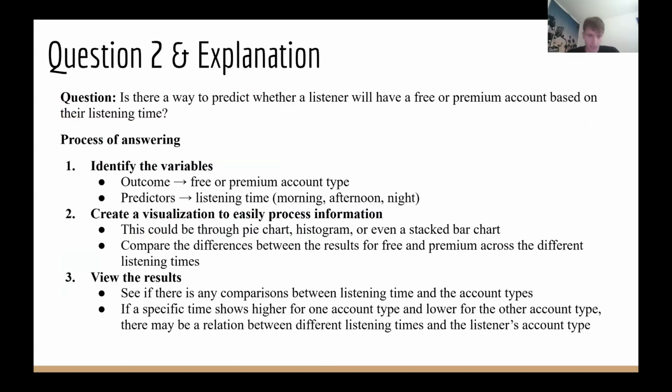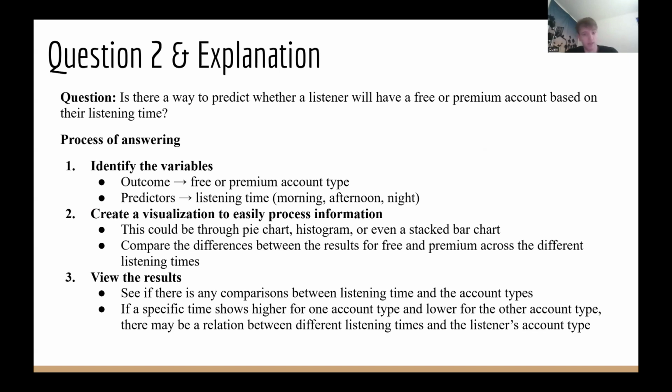And the question that I posed, which is related to the diagram, is there a way to predict whether a listener will have a free or premium account based on their listening time? First, the process of answering this, the first step being identifying the variables. We have the outcome, which is whether the listener has a free or premium account, and the predictors, which would be their preferred listening time, morning, afternoon, or night. Second step, creating a visualization.